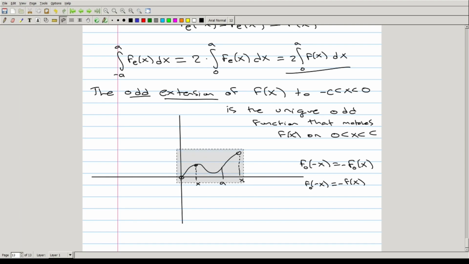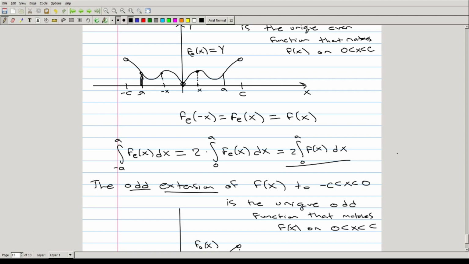And in pictures, what this amounts to is this function reflected about the y-axis, so geometrically, the function will be reflected about the y-axis, and then subsequently reflected about the x-axis, to obtain a function that looks like this, which is the odd extension of the function f of x.